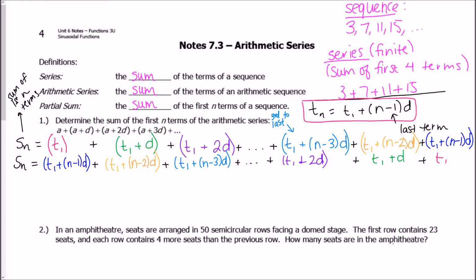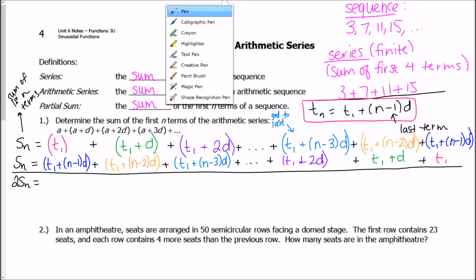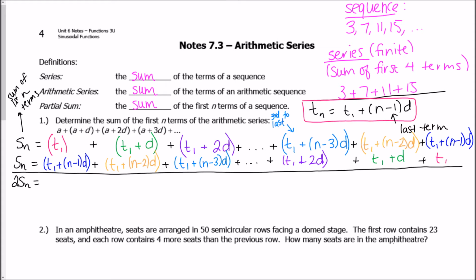And what I'm going to do is add both of these formulas together. Again, you'll see why in a minute. Just bear with me for right now. So s sub n plus s sub n means I have two s sub n's. So essentially, first of all, I'm just going to group these together so you can see what goes together.